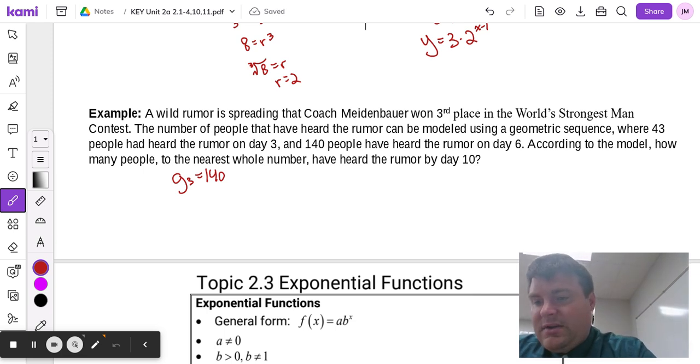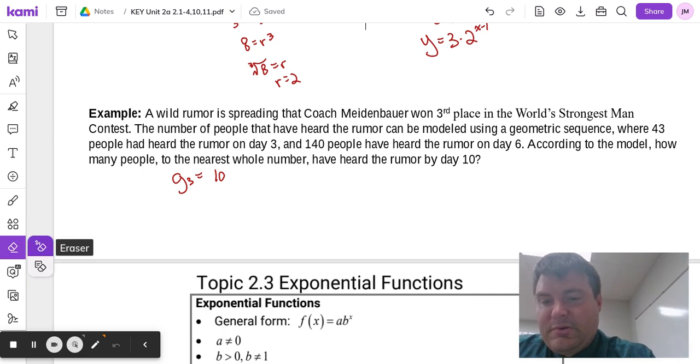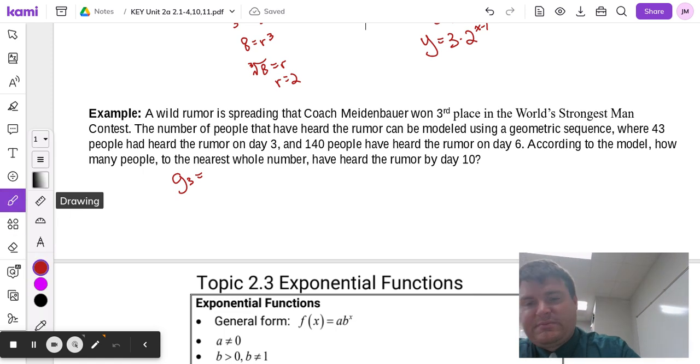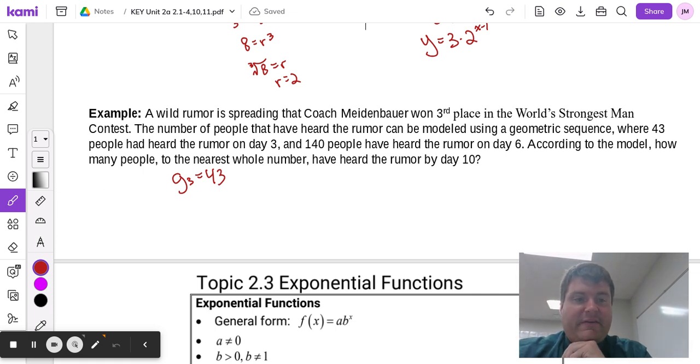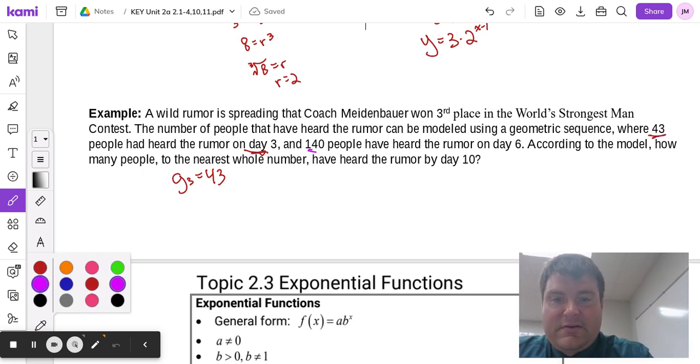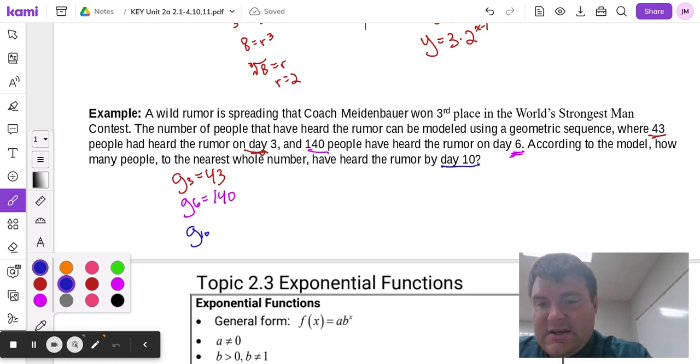And then 140 people on day 6. So G of 6 is equal to 140. And we're looking for day 10. So G of 10 is equal to what? That's what we're going to figure out.